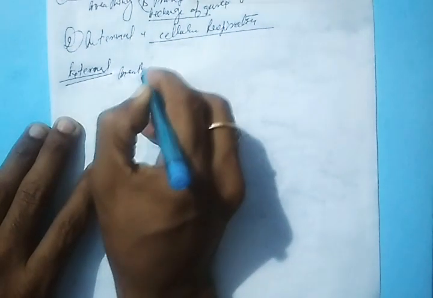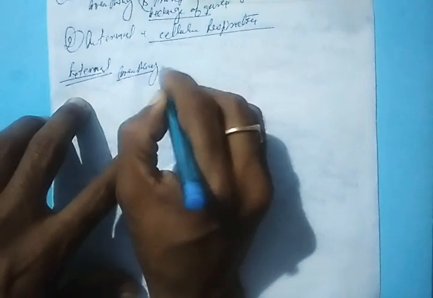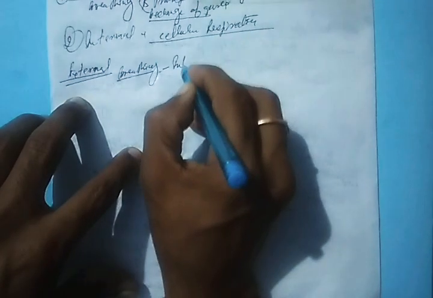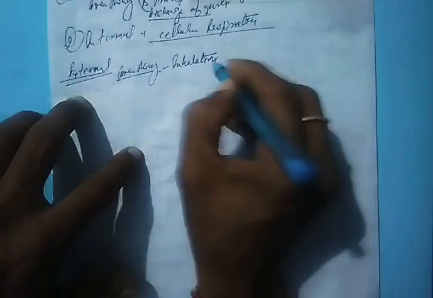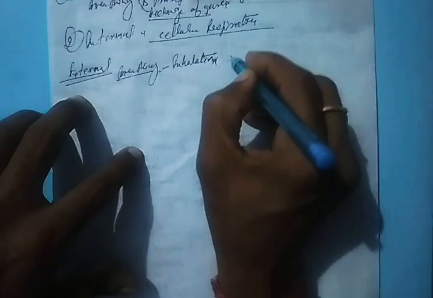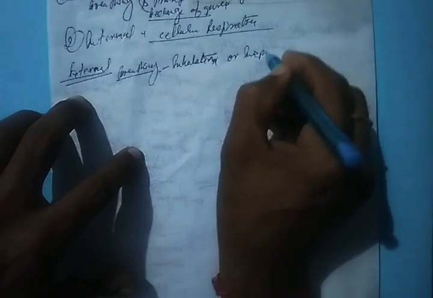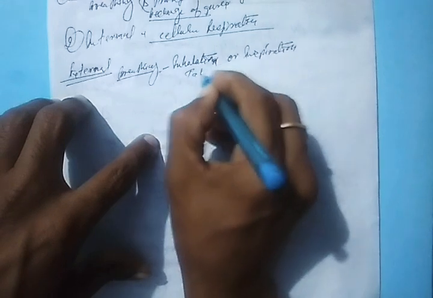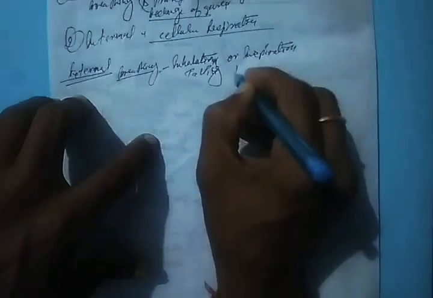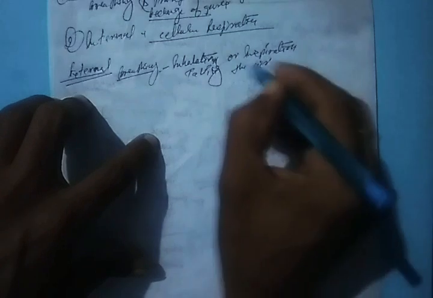External respiration includes, first process is breathing, and breathing completes in two steps again. First is inhalation or inspiration, that is taking the air into the lungs.